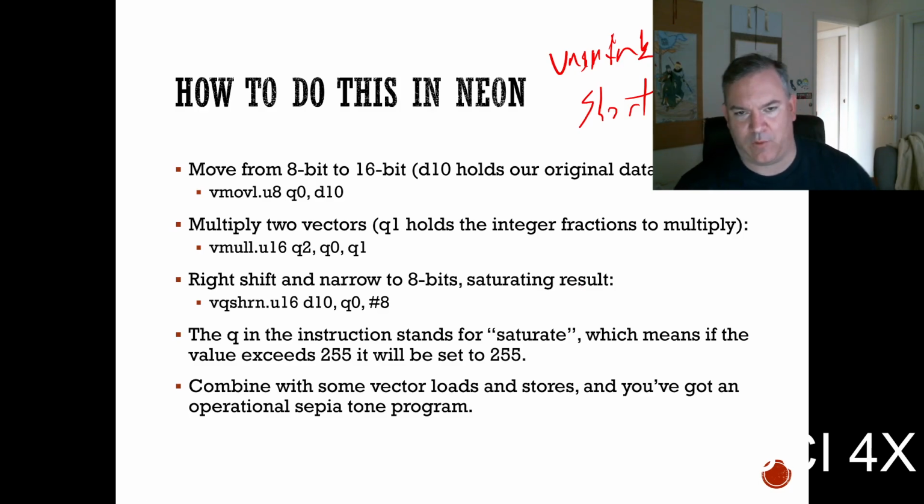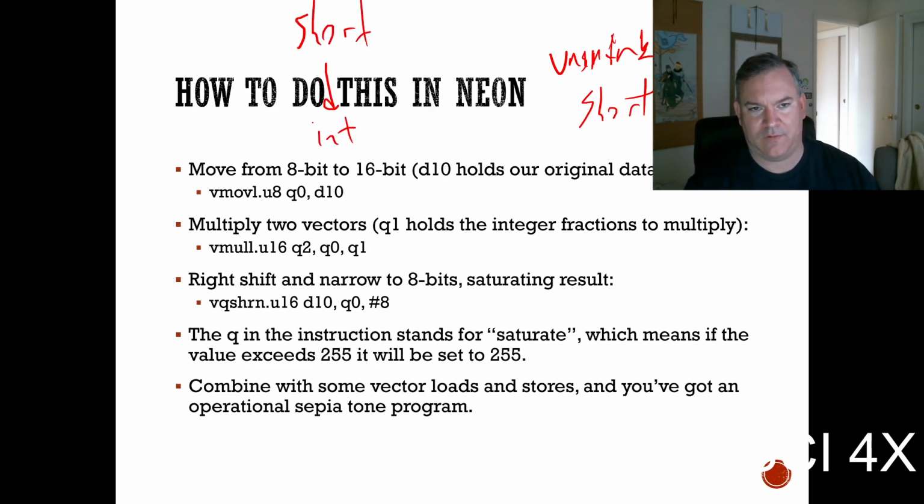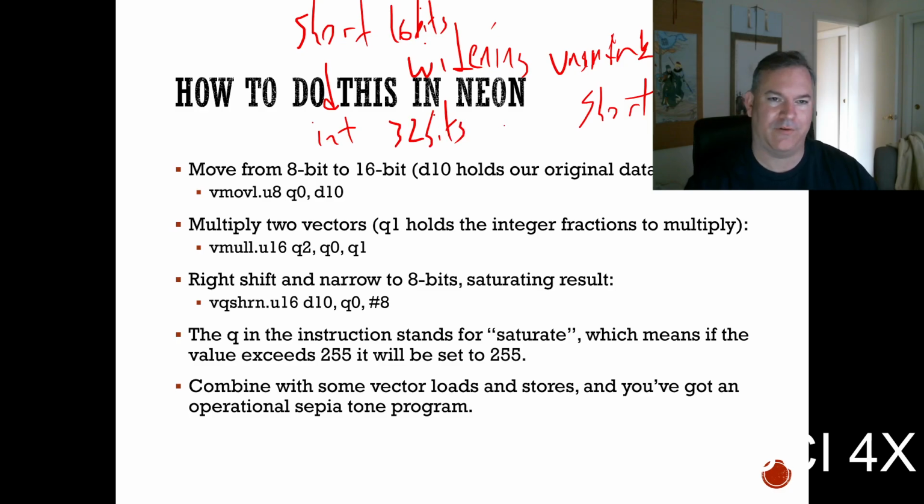Widening is when you move from a char to a short, or from a short to an int. A short is 16 bits, and an int is normally 32 bits. That's widening. Narrowing means going from an int to a short. That would be called a narrowing operation.